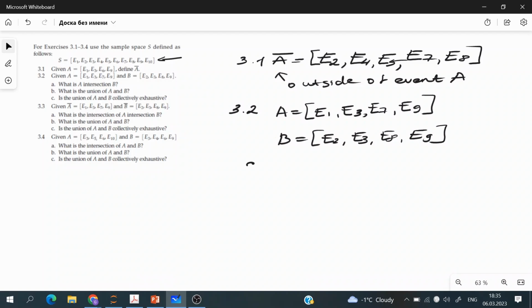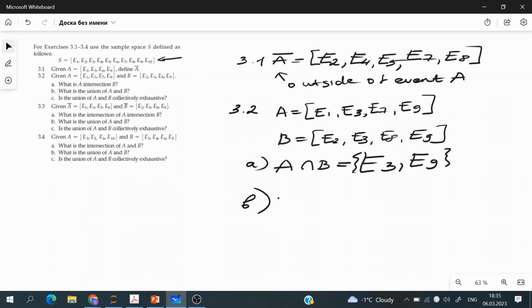Now, what is the intersection of A and B? So we are looking for common elements. So clearly we can see that E3, it is only, not only, sorry, these two events are the common elements of both sets.